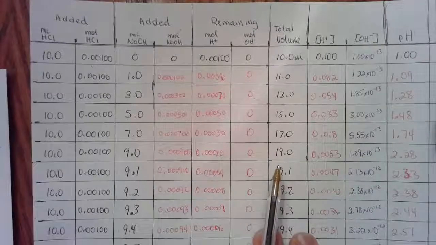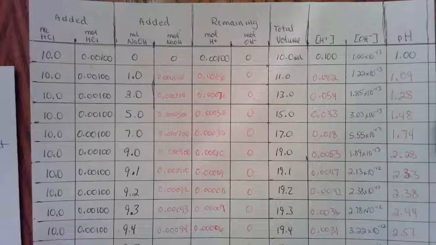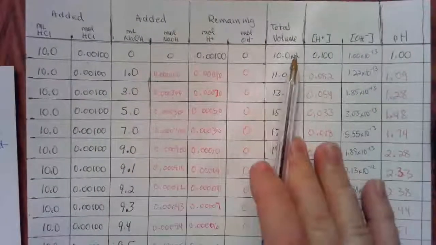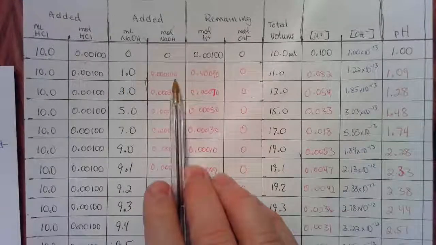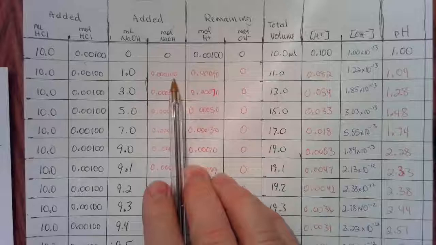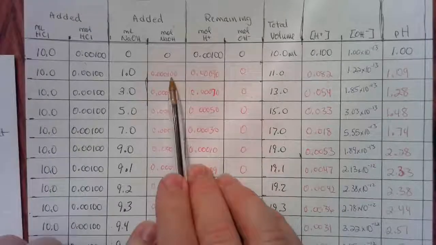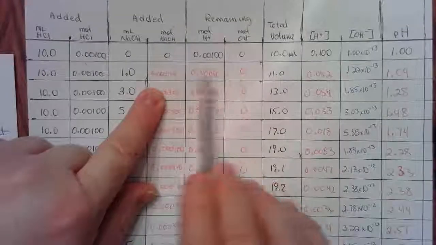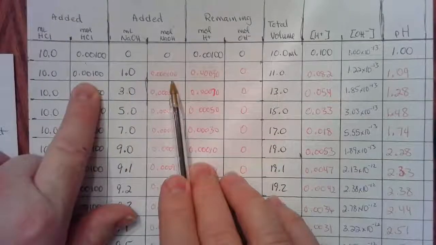Alright, so at this point, it's all stoichiometry from here. In the second row, we had 1 milliliter, which was 0.00100 moles. Since it's stoichiometry, it's a 1-to-1 ratio, so every bit of this gets used up, and it uses up exactly that much of the acid.